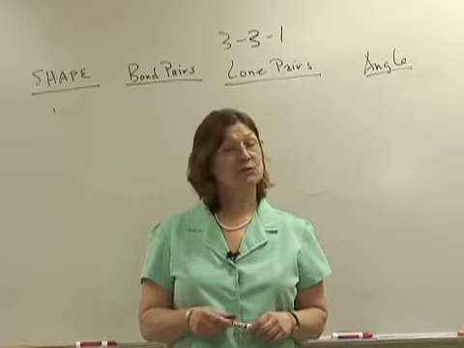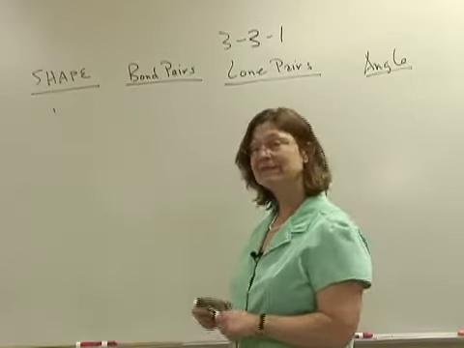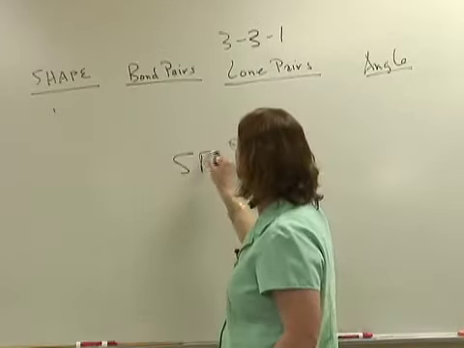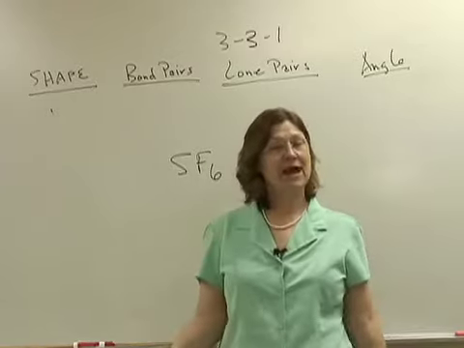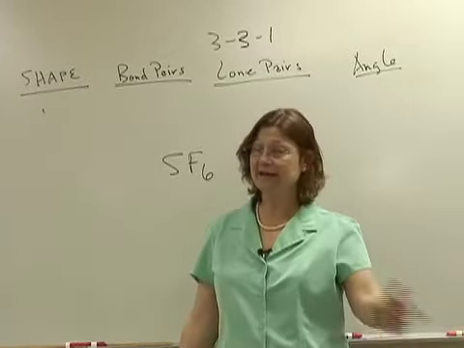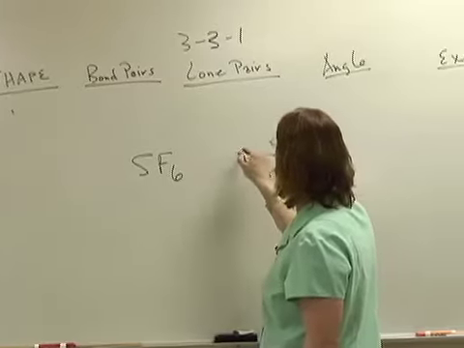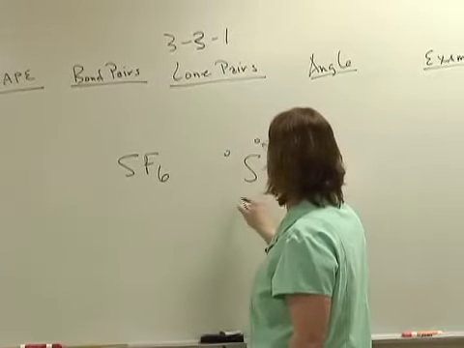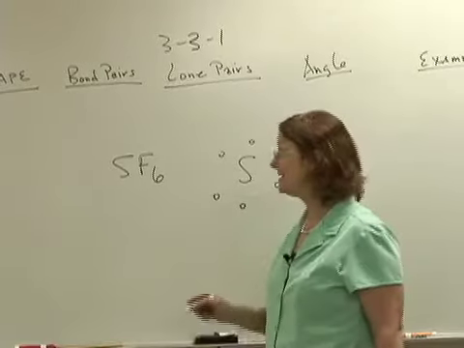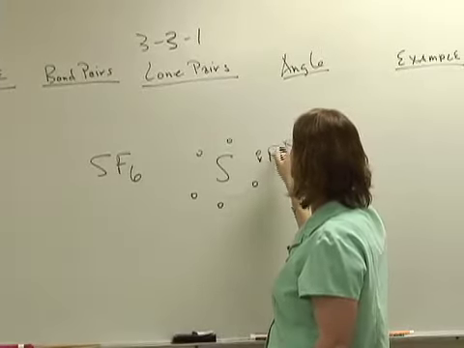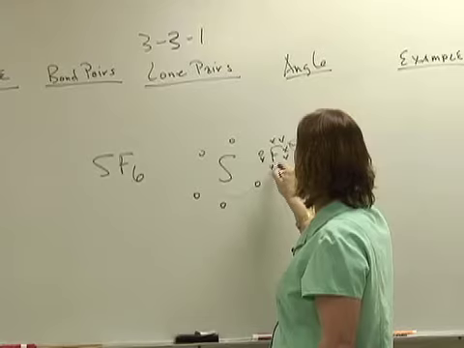The next molecule that we're going to do is SF6. Now, sulfur has 6 valence electrons, and each one of those will be bonded with the fluorine. We have 6, 1, 2, 3, 4, 5, 6. This gets a little bit complicated here, and each one of the fluorines will bond with that one electron.